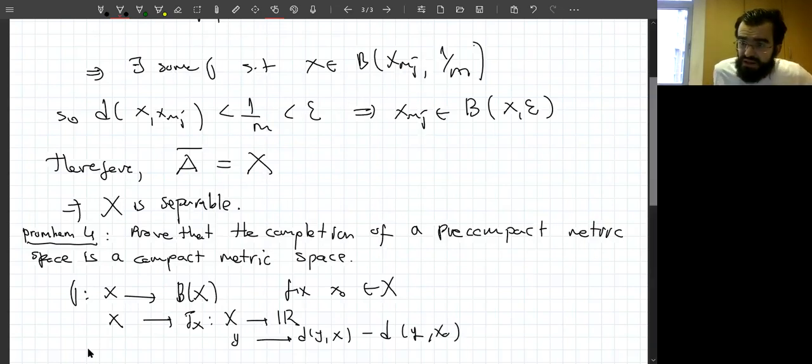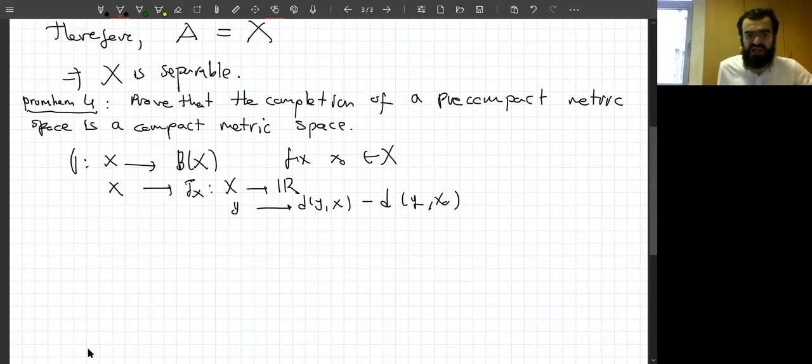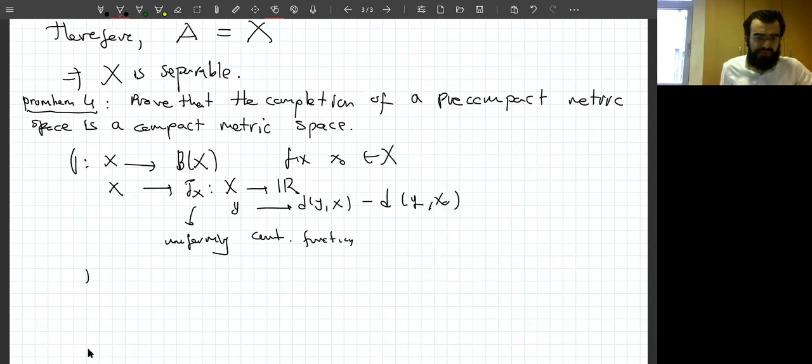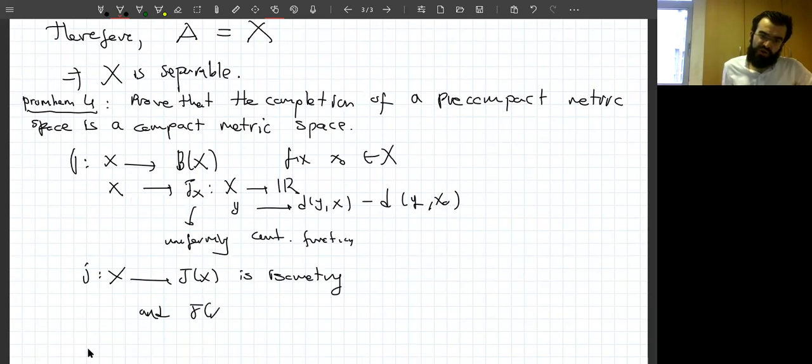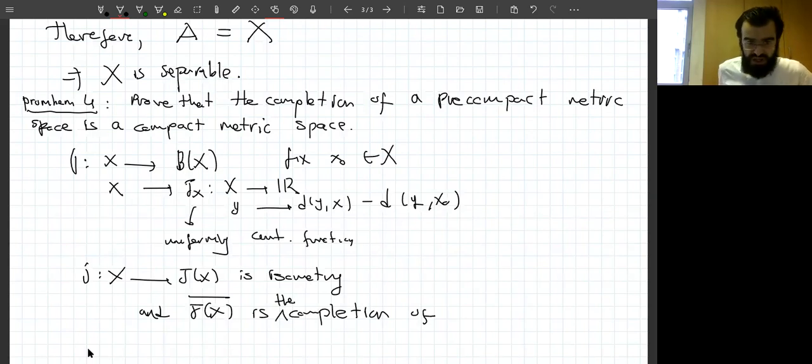As you have learned in the class, this is a uniformly continuous function. And this map G, x to Jx, is an isometry, and closure of G(X) is the completion of X. Completion is unique. Completion of X.